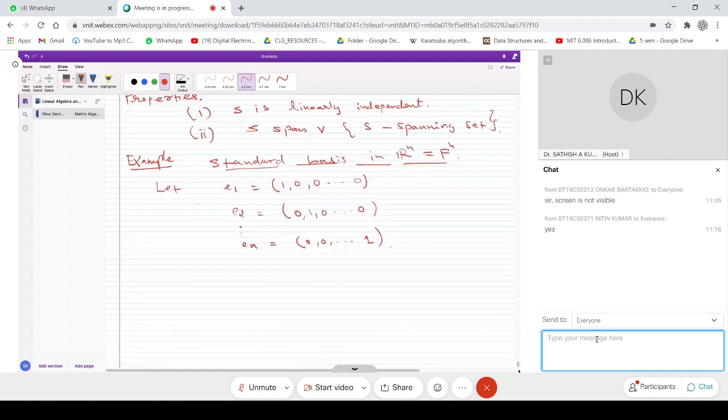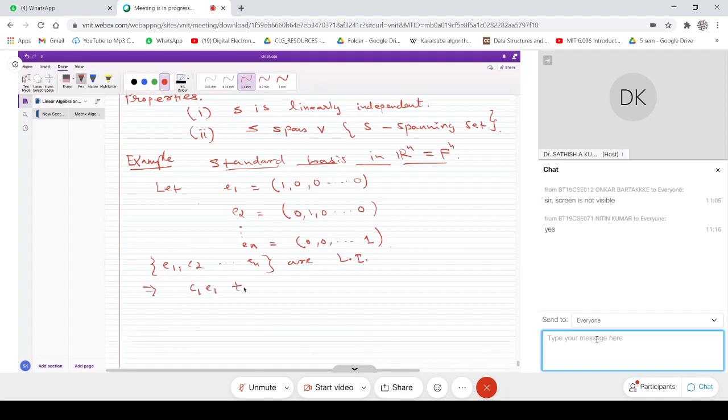E1 is (1,0,0,0), E2 is (0,1,0,0), and so on; En is 0, 0, and the last entry would be 1. And of course it is very clear that these are linearly independent vectors, because we can see that the set E1, E2, ..., En is linearly independent.